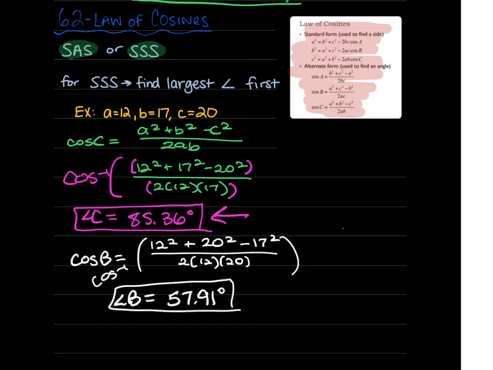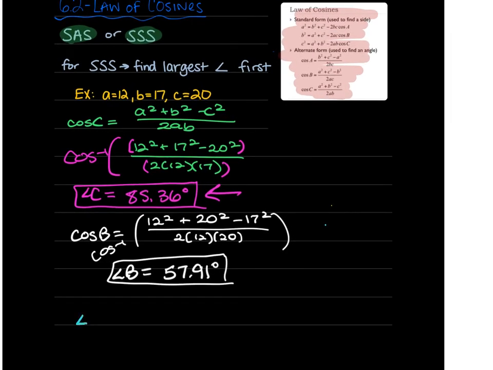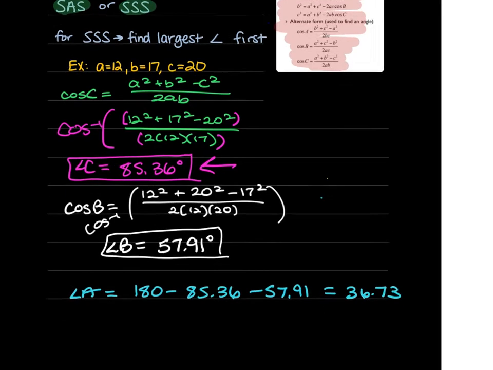You could also take the time to do law of cosines if you've got the time for A and double check. So I'm going to do 180 minus 85.36 minus 57.91. 36.76.